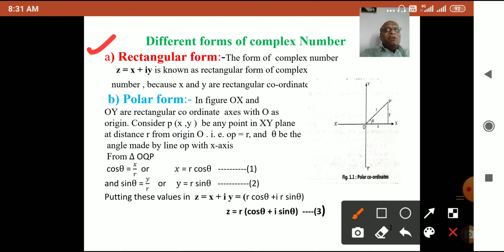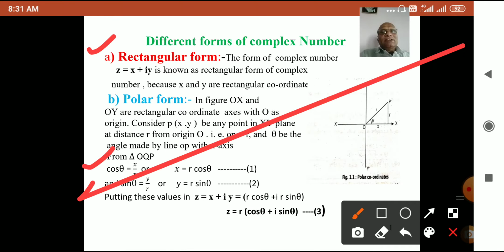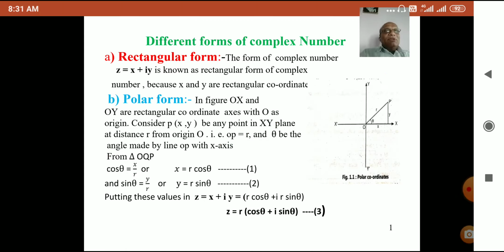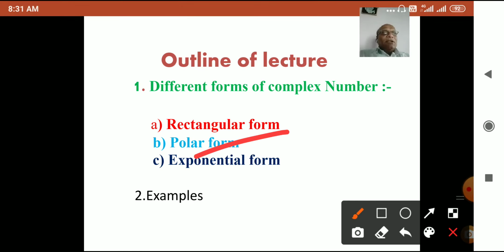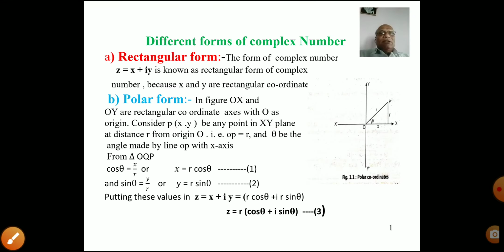If you observe the figure, there is a formation of the right angle triangle OQP, and from this triangle we find some trigonometric ratios, that is cos theta and sin theta. You are familiar with how we can find cos theta and sin theta.